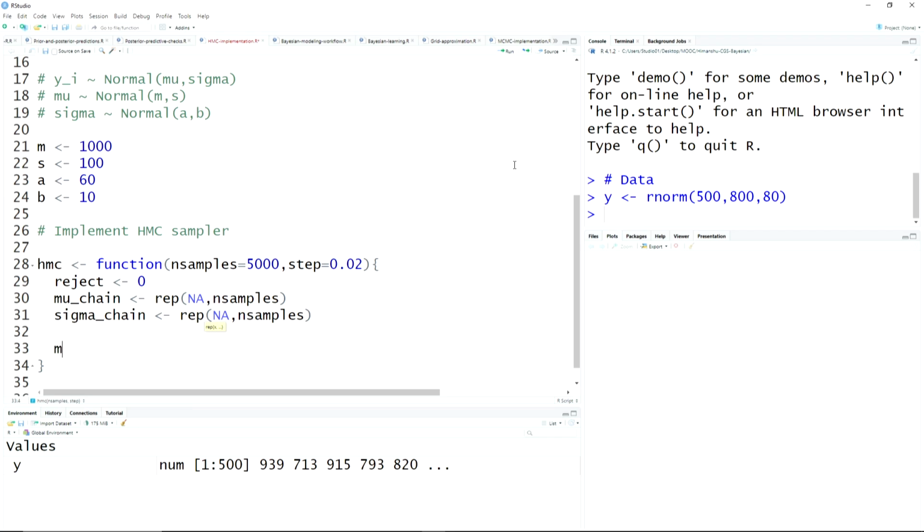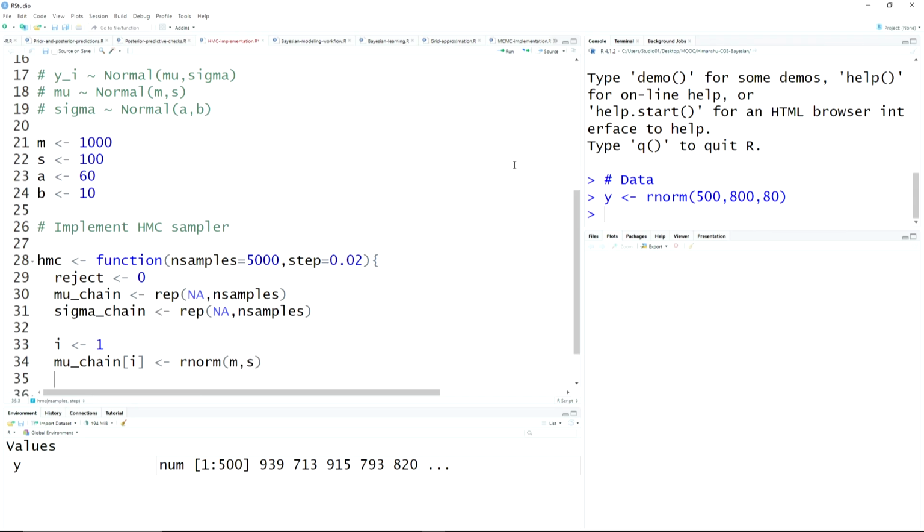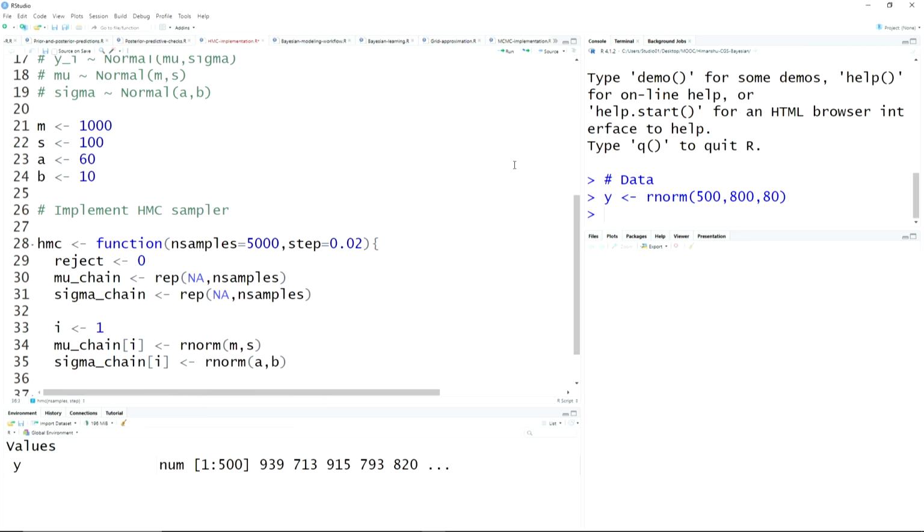How do I initialize them? To initialize, I can write i equals 1, and mu chain i comes from, let's say, rnorm with m, s, its prior, and sigma chain i comes from rnorm with its prior. Okay, so I've initialized the chain.